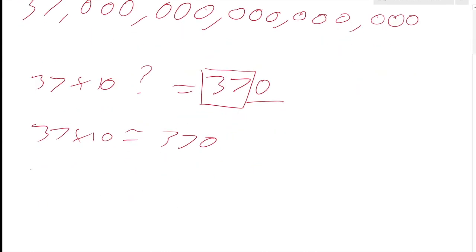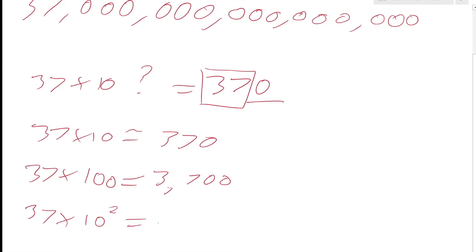37 times 100, as I'm sure you can all work out, is 3,700. But 100 is 10 squared, so we get 37 times 10 squared equals 3,700.